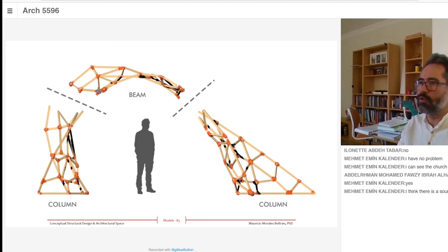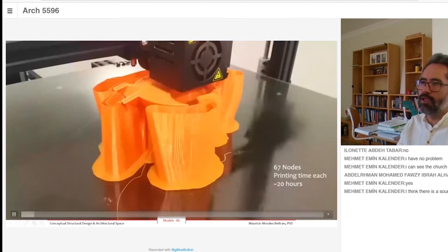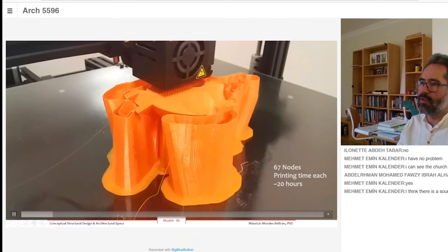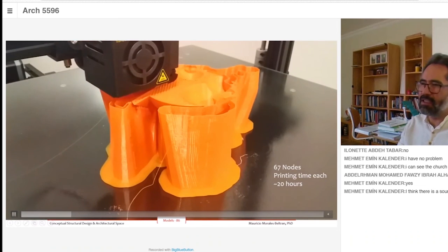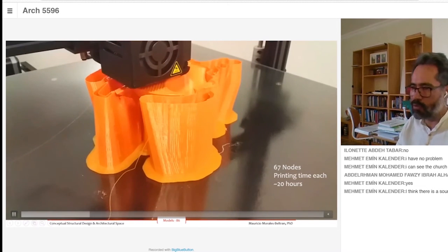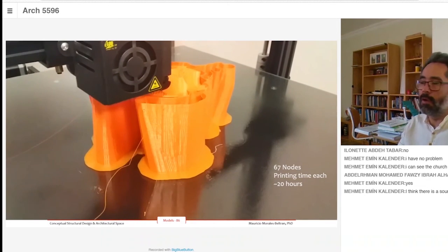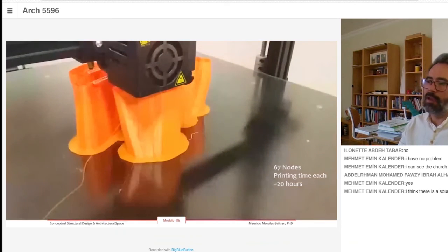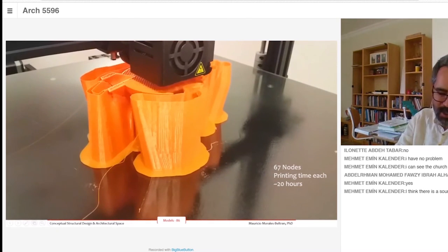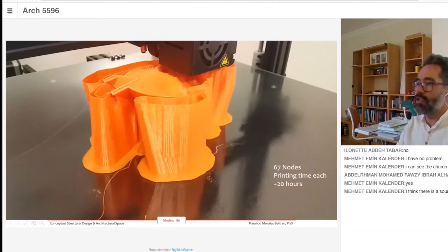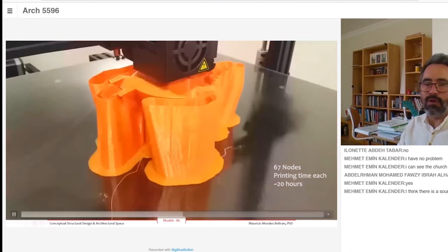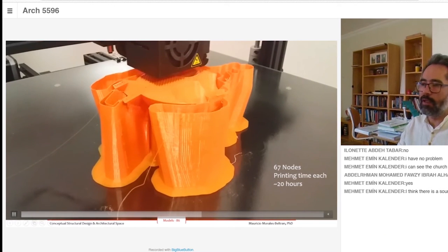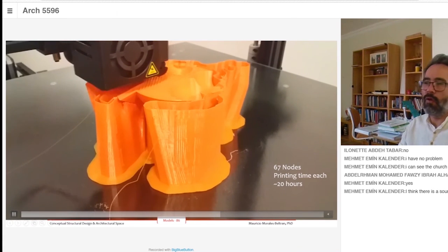I was working with the students, and this is what I meant before. Each of these nodes, which were 67, let's say 17 including the ones we did wrong. You have to consider that there are many faults, many mistakes in this process. Each node took around 20 hours, which, if you make the multiplication, implies a lot of work.